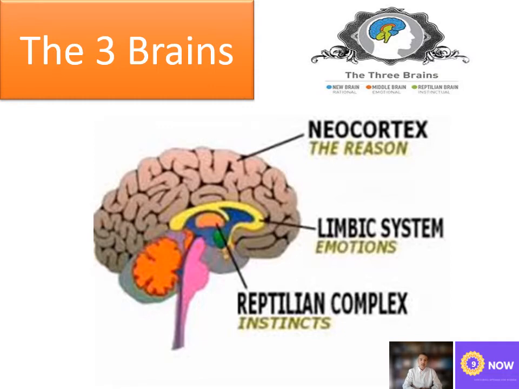And then the last part to develop is the neocortex, or our frontal lobe, and that gives us the ability for those advanced functions like reasoning, judgment, and empathy. When everything's working appropriately, the frontal lobe has the ability to make rational decisions and override some of those cravings and intense feelings that develop from the reptilian complex.